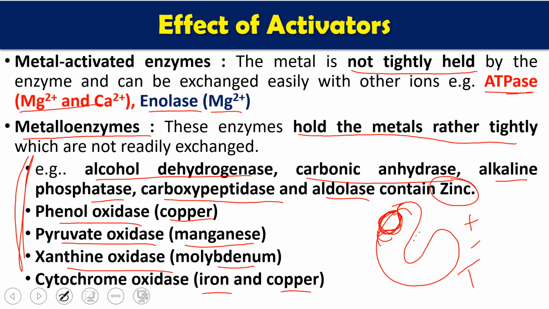Initially the rate of reaction will be very fast, and as time goes on product formation will occur, and slowly the rate of reaction is going to decrease. Ultimately, when the reaction is reaching completion, the rate of reaction will be very slow. So that is time. These are different factors which affect enzyme activity.